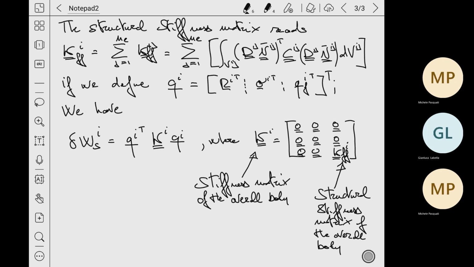If you were to develop the mass matrix in the absolute nodal formulation and not in the floating frame formulation as we are doing, you would notice the opposite.